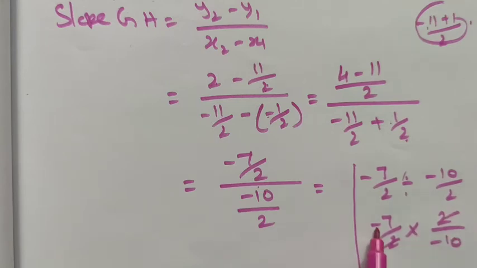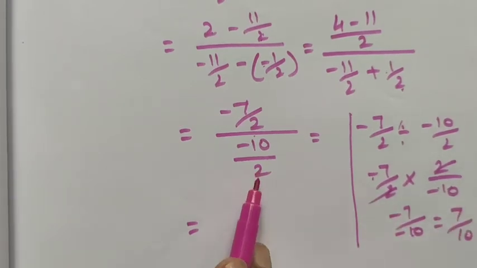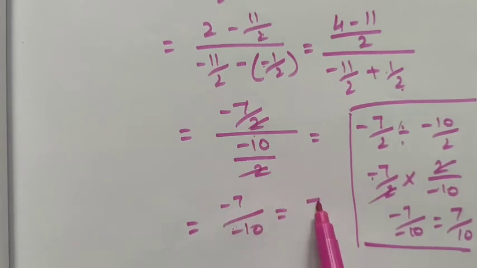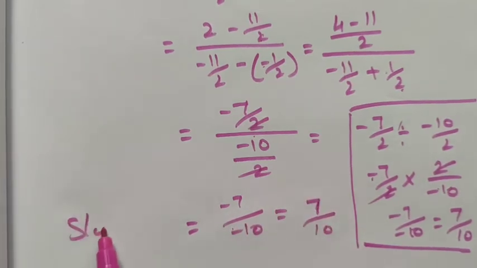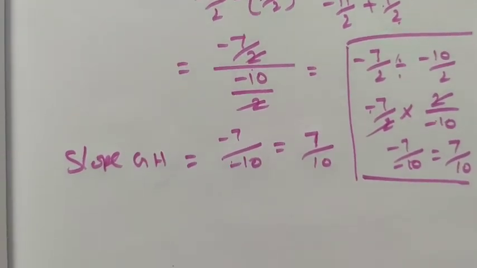The 2 will be cancelled, giving minus 7 divided by minus 10. Now both the numerator and denominator have the negative symbol, so we get 7 by 10. The same format, the 2 will be cancelled. Then both numerator and denominator have the negative symbol, so we get 7 divided by 10 as the slope of GH.